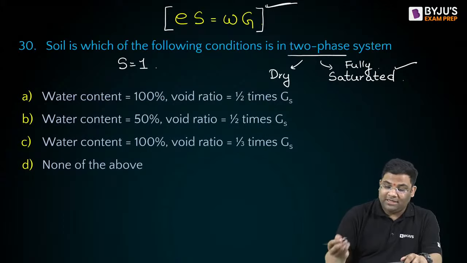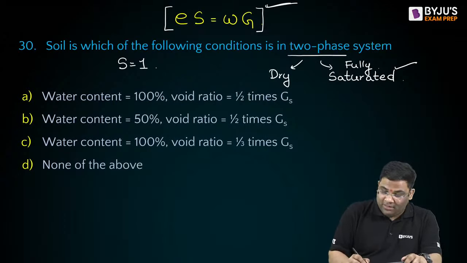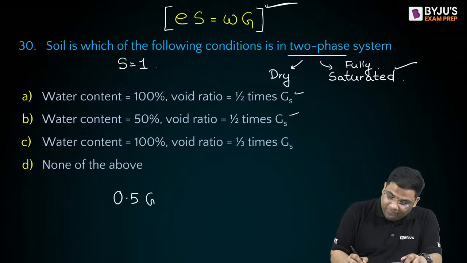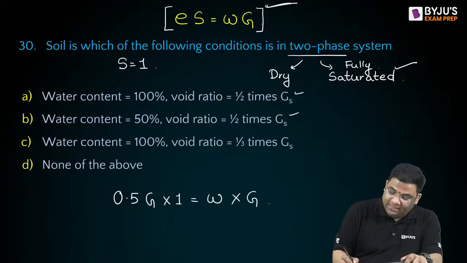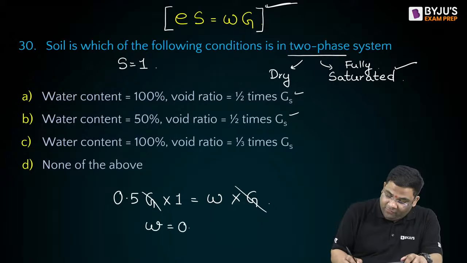In this equation, if S is 1 and you put the first or second condition, e is half of G, and S is 1. So what is happening to water content? The water content is coming 0.5. This is in decimal. In percentage, it will be 50%.